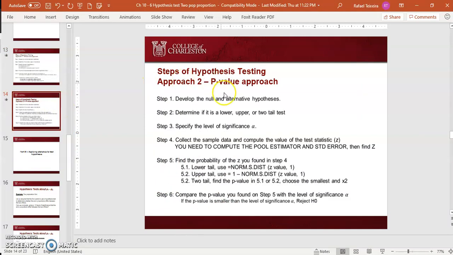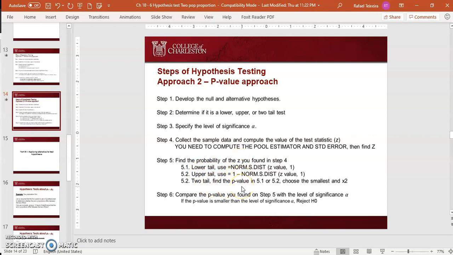The second approach is similar up to step number 3, the level of significance. Until step number 4, when you find the z statistic, the test statistic, you need to compute the pooled estimator. So you find the z statistic, and now you have to find the probability related to this z statistic you found in step number 4. And these are the formulas you use depending if it's lower tail, upper tail, or two tail case.